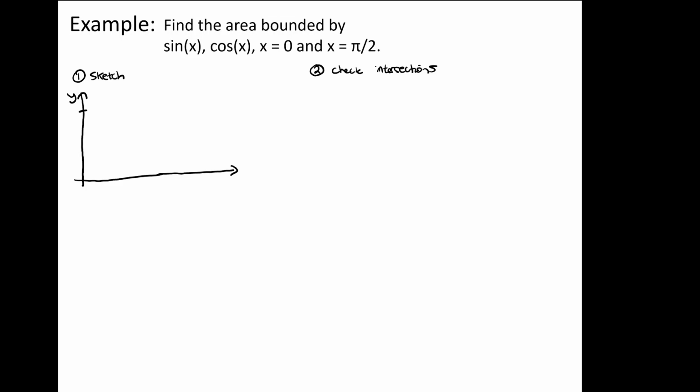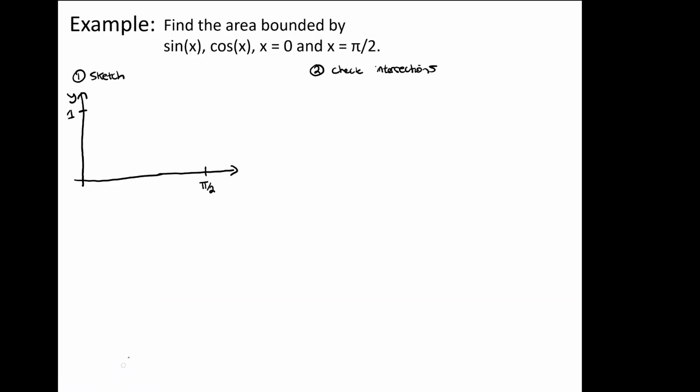I also know that the y value can't be larger than 1 since sine of x and cosine of x both have a range that goes from -1 to 1. Just indicate pi over 2 over there on the far end. I can make a picture of sine and a picture of cosine, but let's check for intersections first.